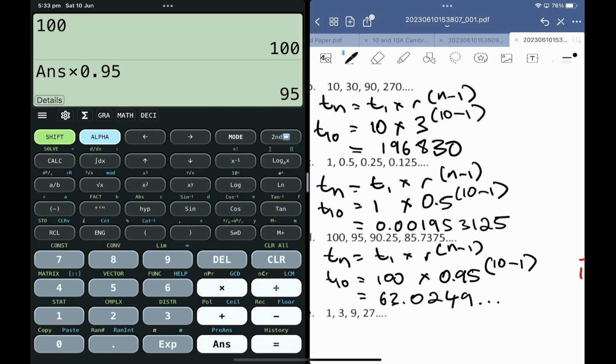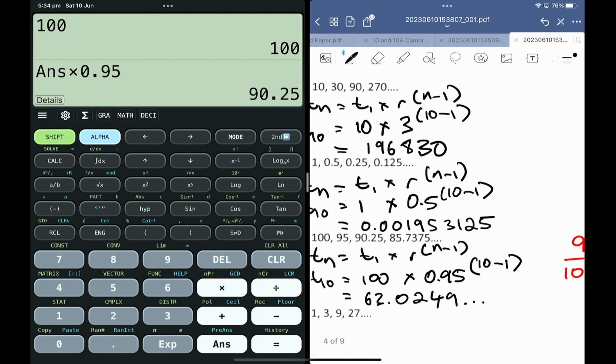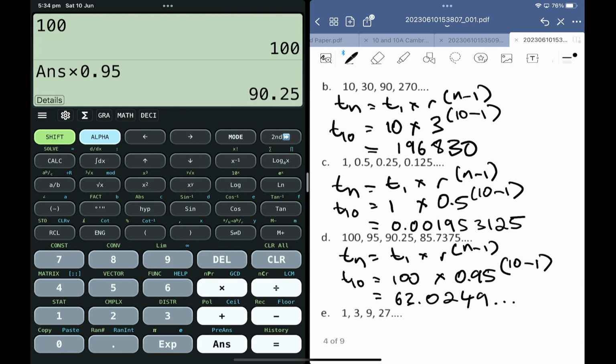That gives us our third term, which is 90.25. And that looks the same as what they've given us here. Hit equals again, and that's 85.7375. That gives us the fourth term, then the fifth, sixth, seventh, eighth, ninth, and finally the 10th, which is the same as our answer. So that's good.